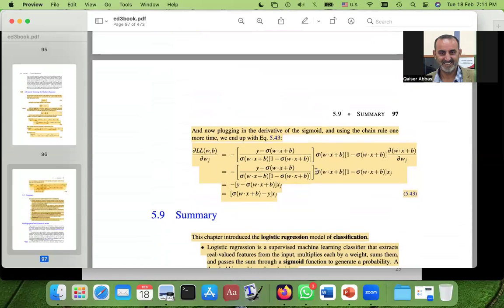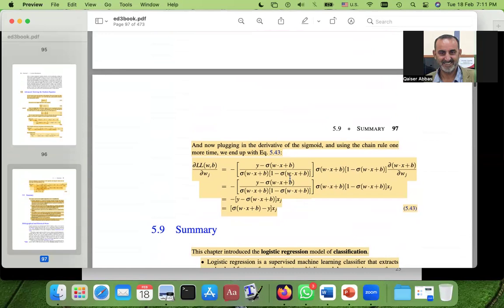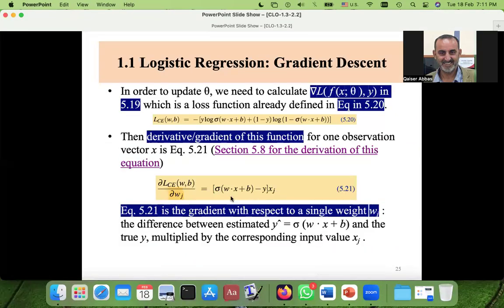This is one form, section 5.8: sigmoid of W dot x plus b minus y, multiplied by xj, okay? We are reaching there. So we are using this equation, and I have given the reference here.